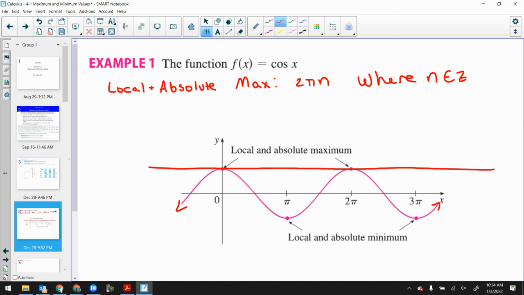All the local and absolute maximum values are 2 pi n, where n is any integer. Okay, then we can say the local and absolute minimum values. So where's it going to bottom out? Well, it's going to bottom out at pi, 3 pi, 5 pi, 7 pi, all the odd values, right?